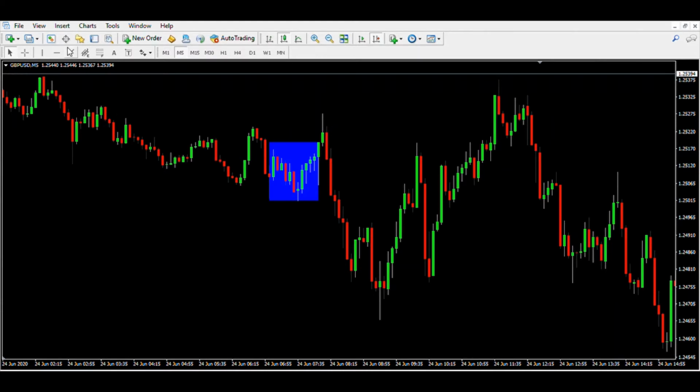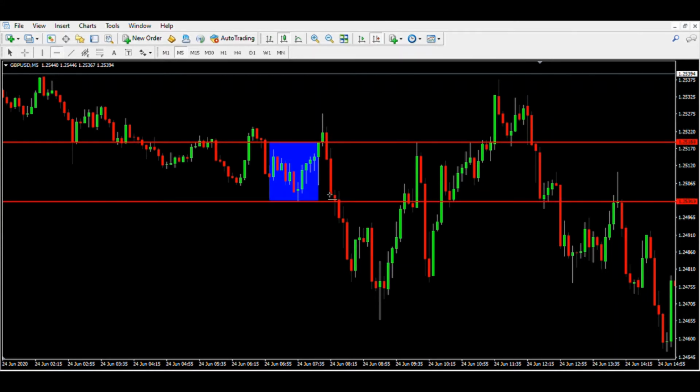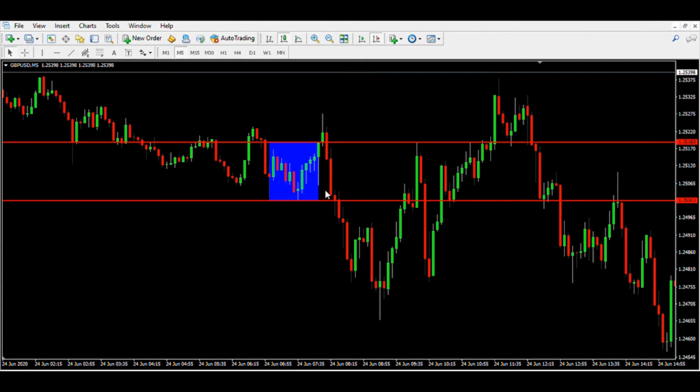So what you're going to do, you're going to draw two lines, one on top and one below. Now this strategy is very simple. The first 5-minute candle to break above or below, we are heading that direction, and our stop loss will be placed on the opposite direction.